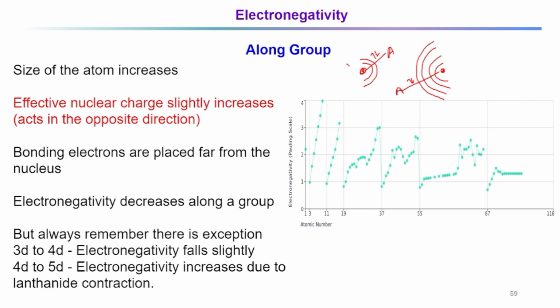So this atom having smaller size has more electronegativity.